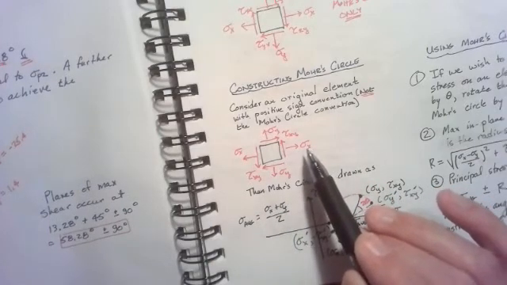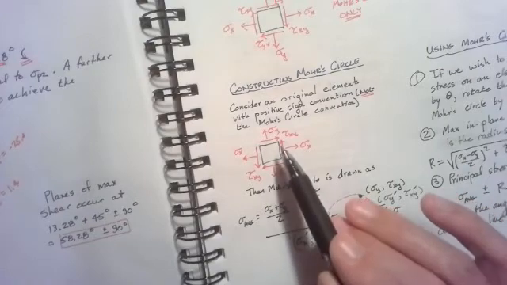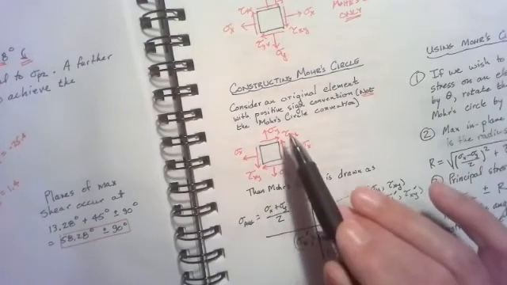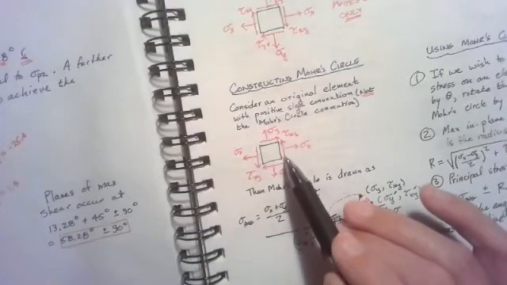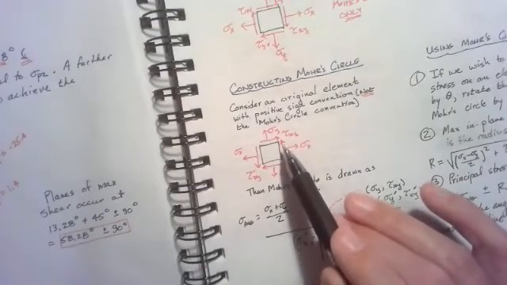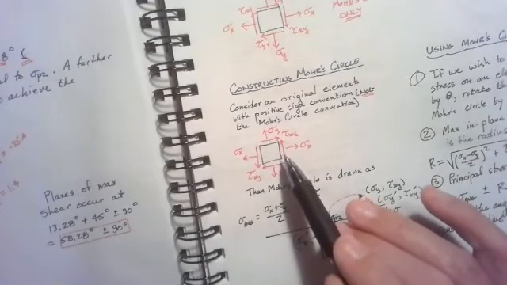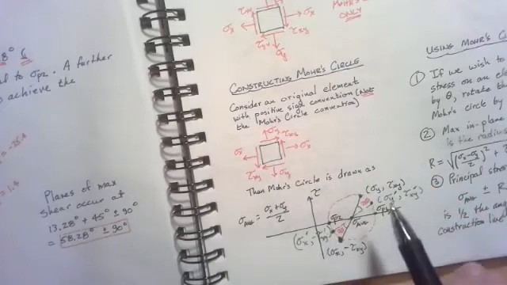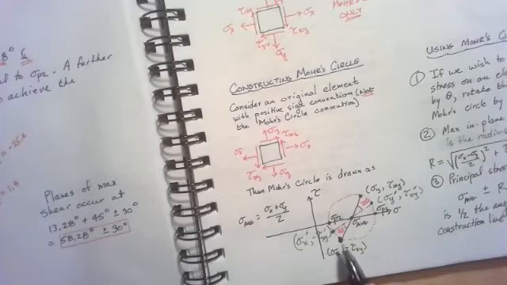We're going to use sigma x and negative tau xy. This would be negative because for it to be positive, it would have to go downward, but it's going upward. So we have sigma x and negative tau xy, and it would be, for instance, that point right there.